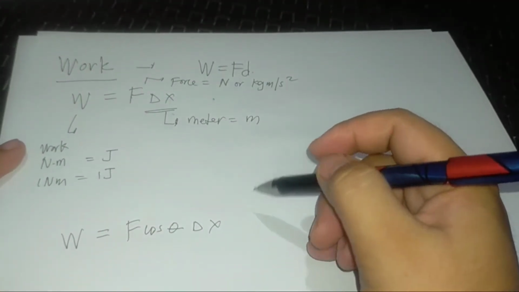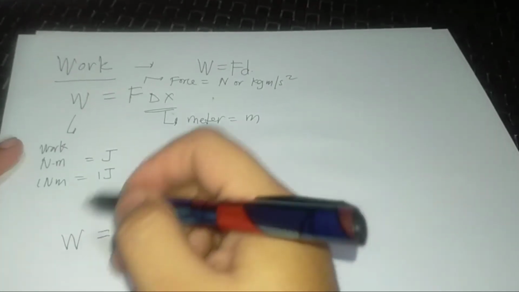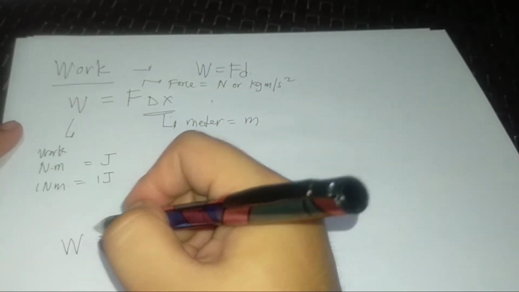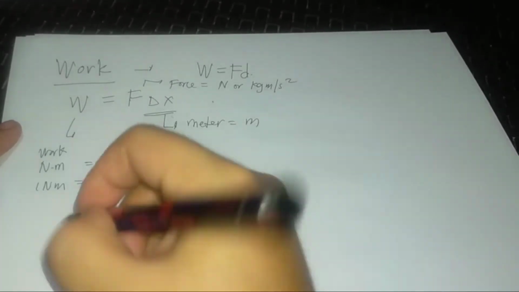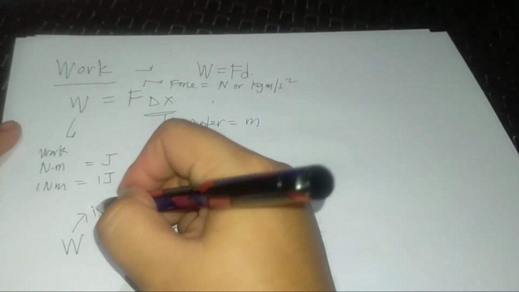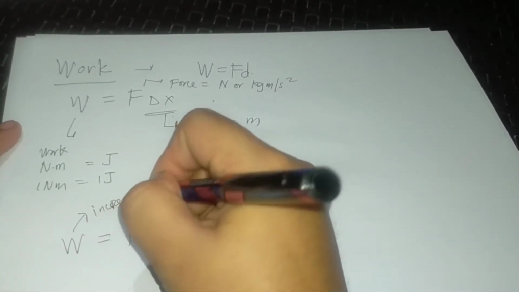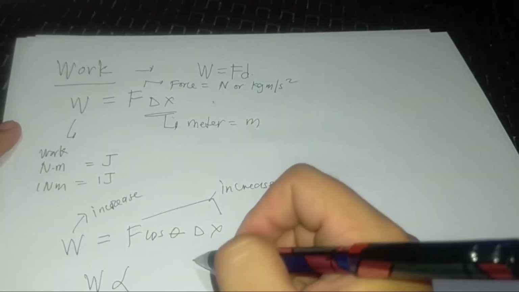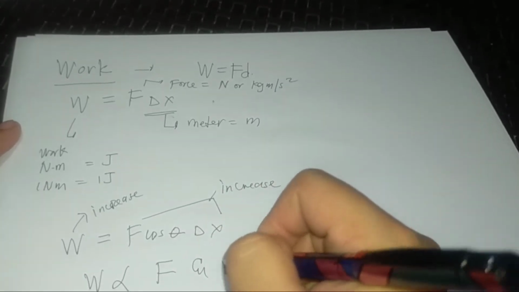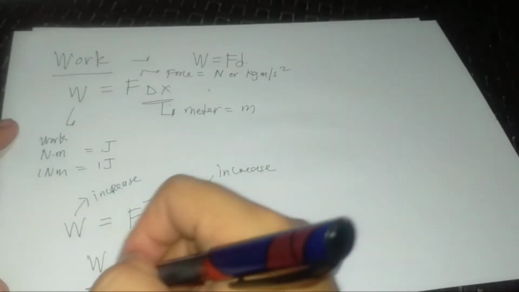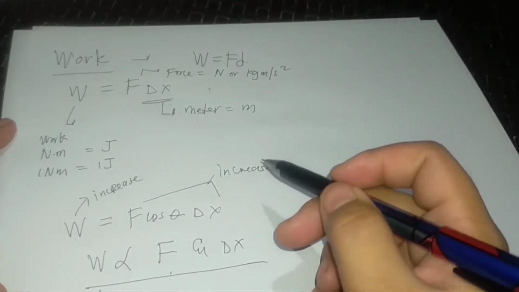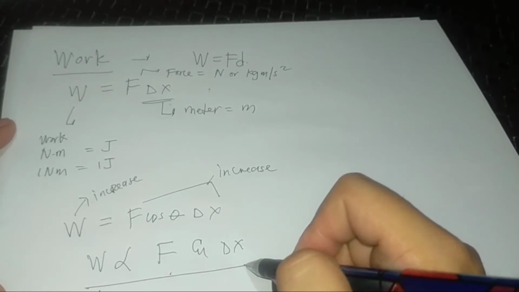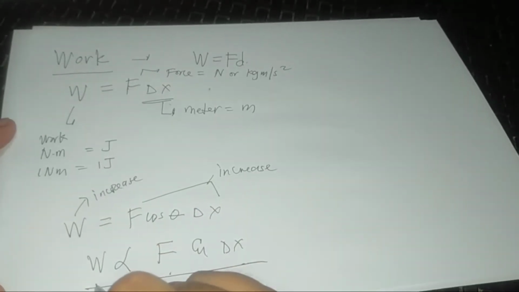Take note, guys, that if any of these variables increase, work will also increase, since W is directly proportional to force and displacement. So always remember, if F increases, work will also increase. If the displacement increases, work will again increase.